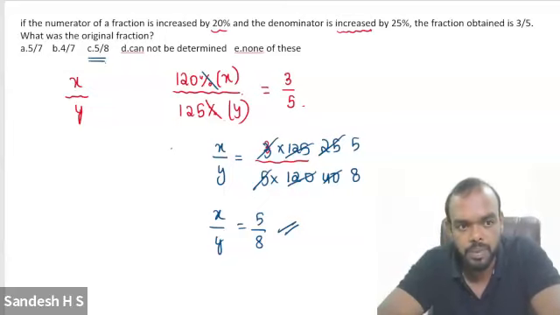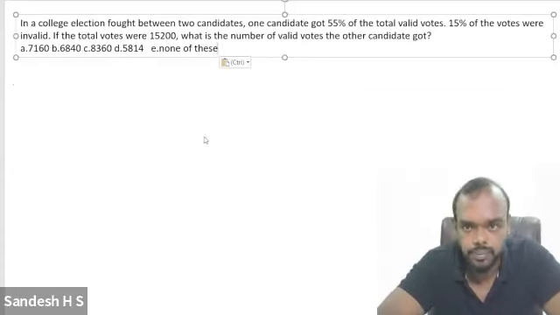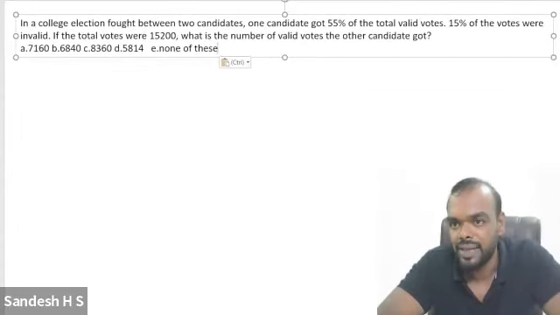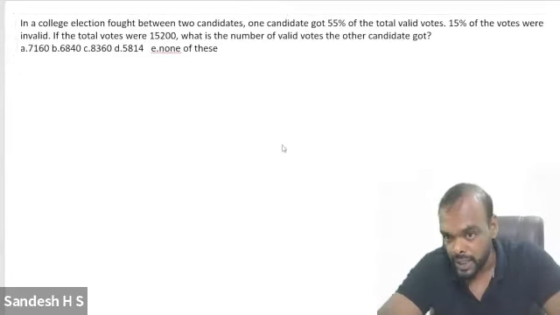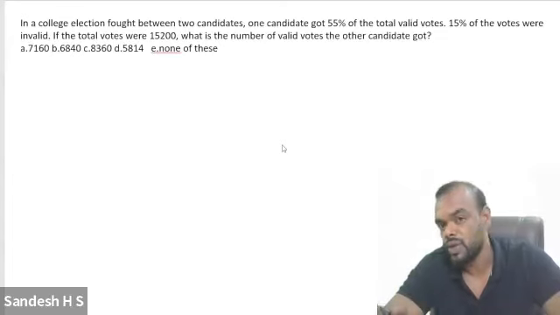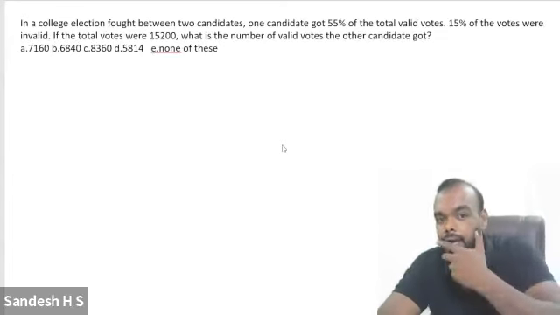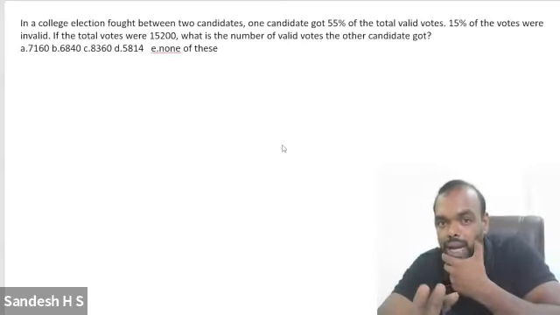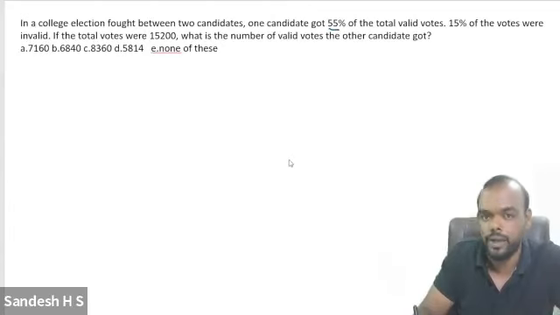Problems based on elections. Okay, these are actually the lengthiest problems, but we will try to make it as simple as possible. Initially it looks lengthy, but when I give you the final answer, you will get it in 1 or 2 lines for sure. In a college election fought between two candidates, one candidate got 55% of valid votes.